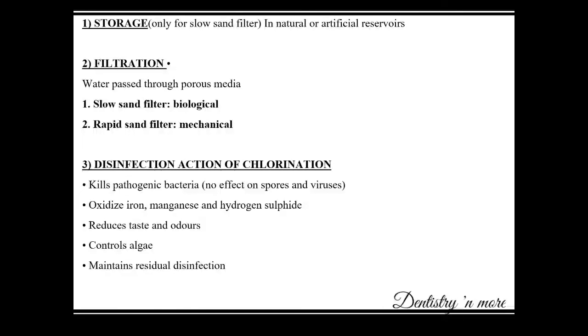That is the ripening of the biological layer, the algae formation over the top of the sand bed, which is the Schmutzdecke or the vital layer. Whereas the rapid sand filter mainly focuses on removing impurities by alum or the coagulation process. They add chemicals and do the job very fast, so that is convenient for the present need.